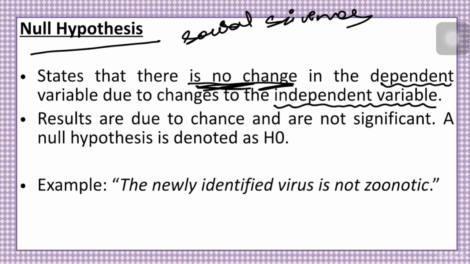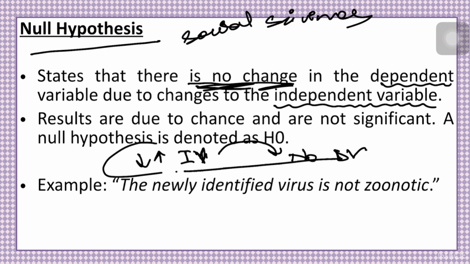If I increase or decrease my independent variable, there will be no change in my dependent variable. So this is your null hypothesis, and the null hypothesis is always denoted by H naught.